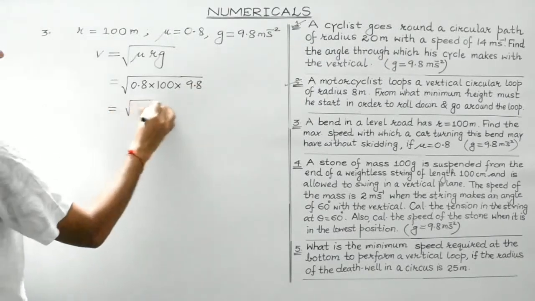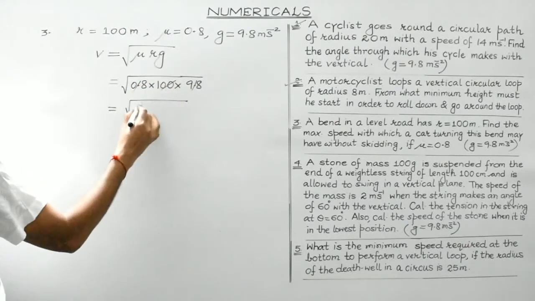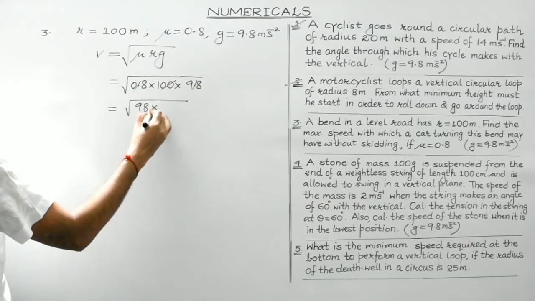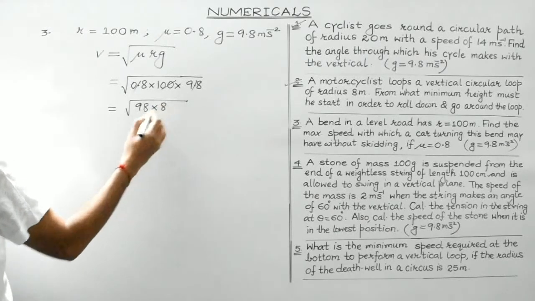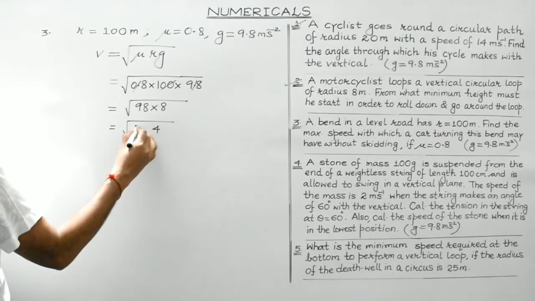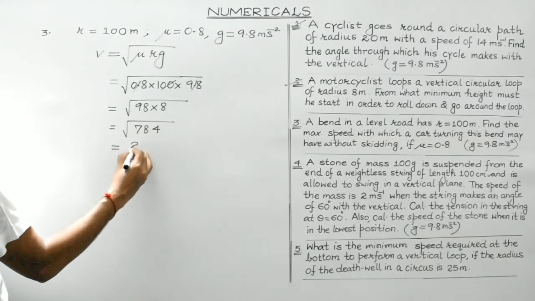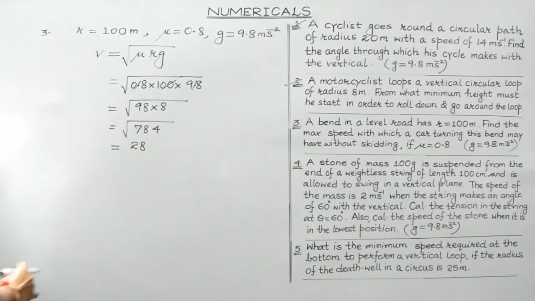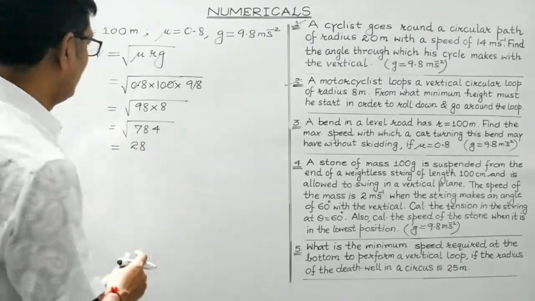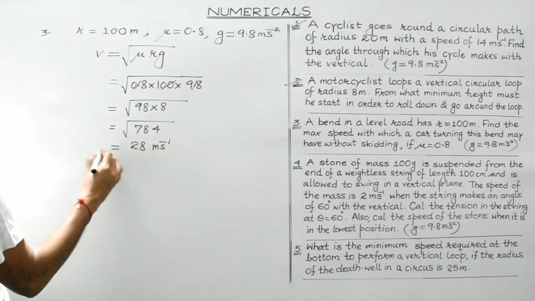So this gets cancelled, and we get 98 multiplied by 8. That will give us root 784, and that in turn will give us 28. 28 square is 784, right? So it is 28 meter per second.